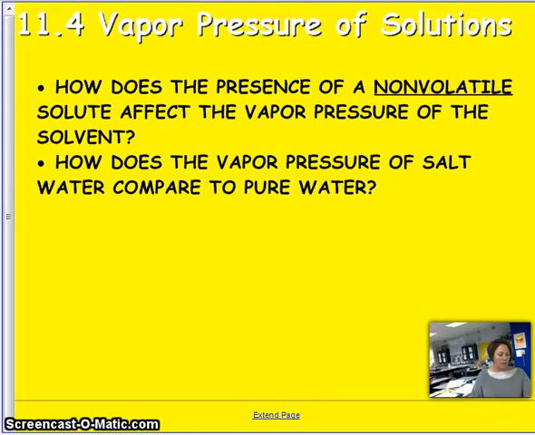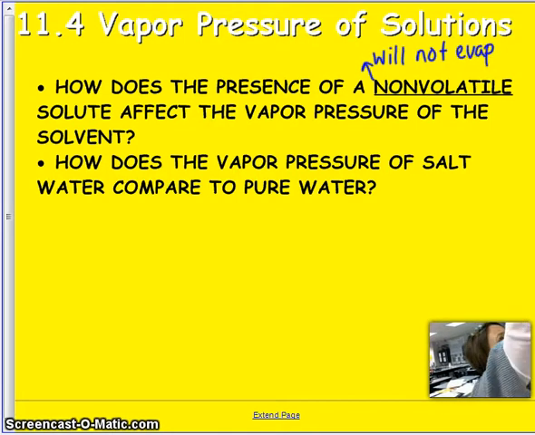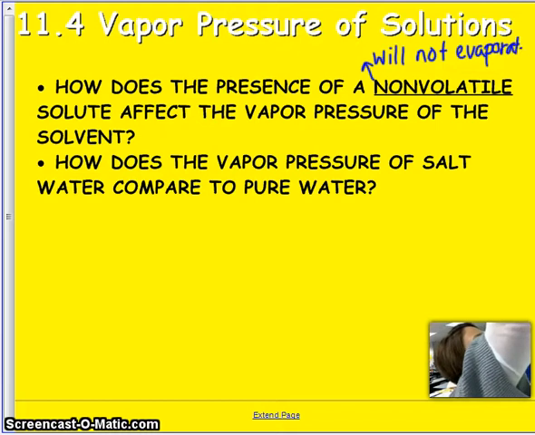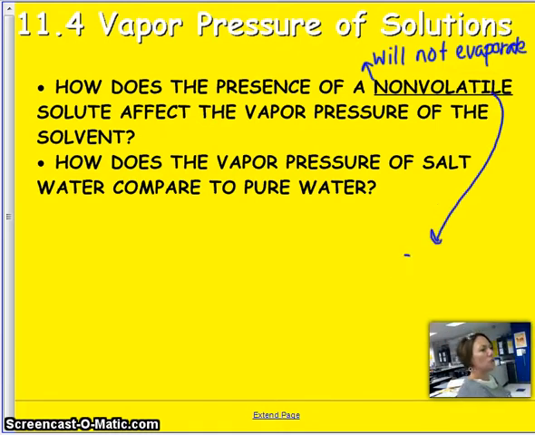A non-volatile solute is one that does not itself evaporate easily. It's one that has a low vapor pressure itself. So a non-volatile solute will not evaporate. Those are the common things that you add to water, like sugars and salt.